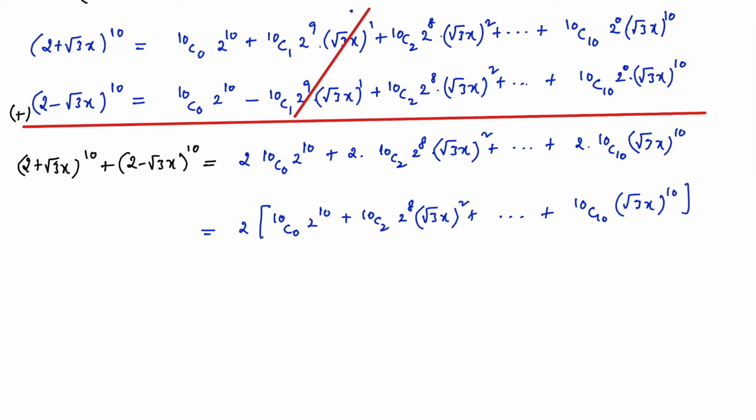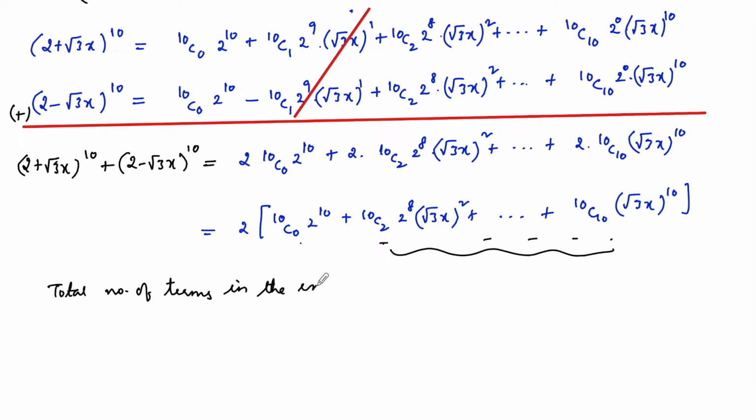And clearly we can find the number of terms here: 2, 4, 6, 8, 10, means 2 to 10, that's 5 terms, and including 0 it is 6. So total number of terms in the expansion is 6.